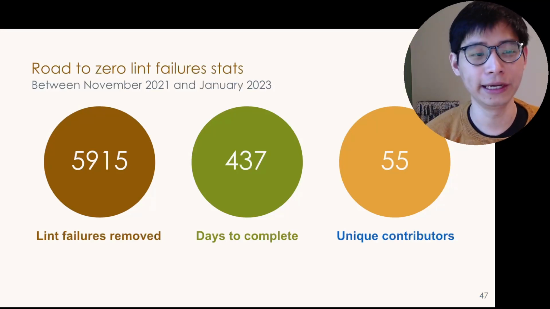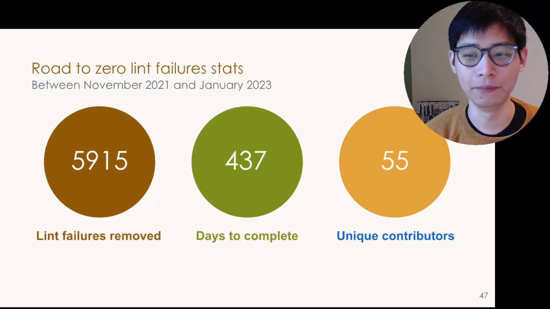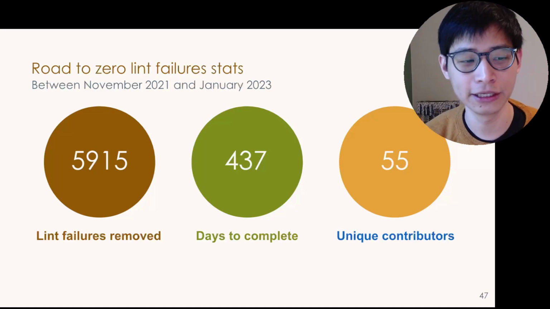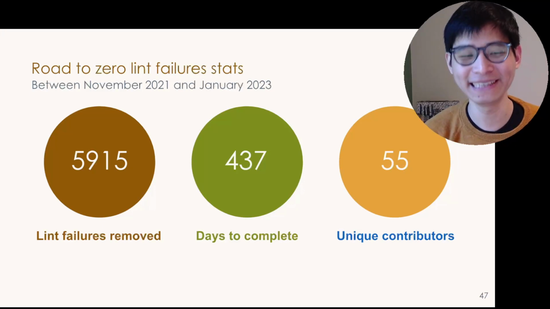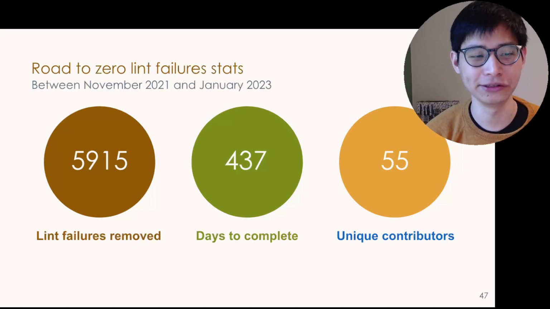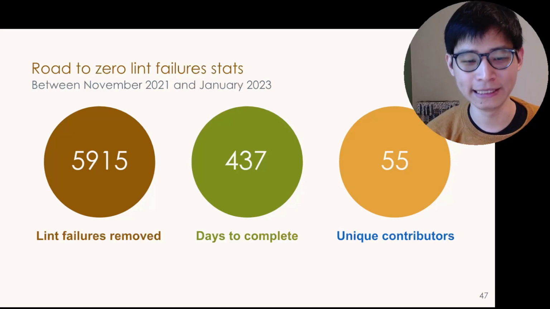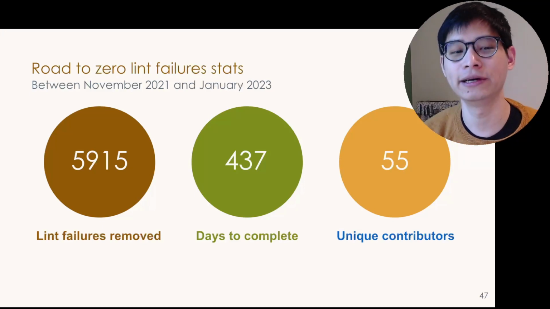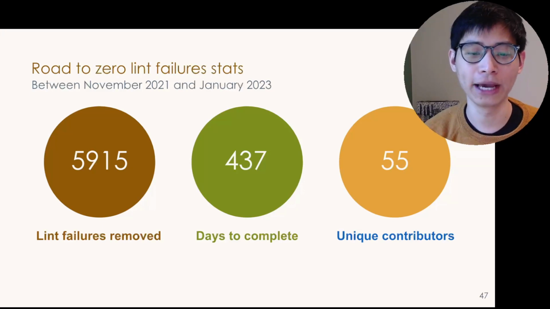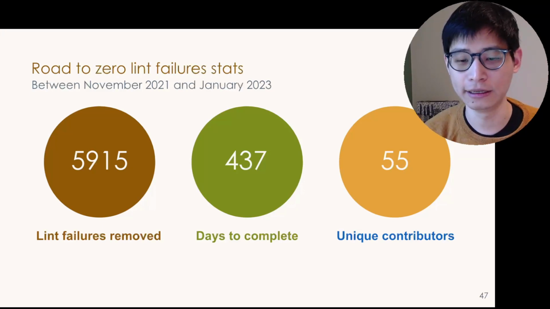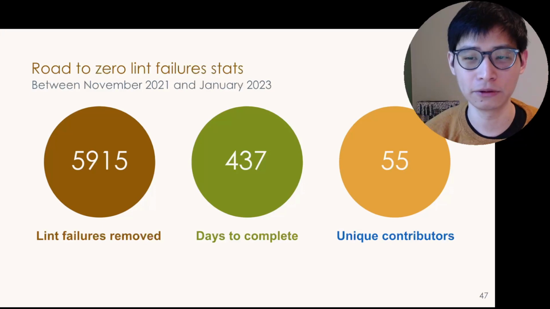So at the end of it, we removed almost 6,000 lint failures. The other numbers were completely deleted. There were some files that were not used, so I didn't count those as lint failures removed. Those files were just deleted. It took a little over a year to complete, and we had 55 engineers who helped with this effort.